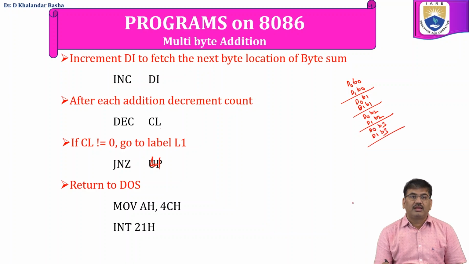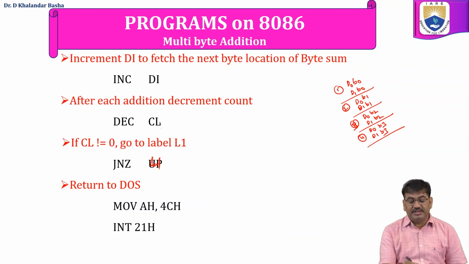So here we are going to perform the addition operation for 4 iterations. These iterations count is loaded in the CL register. For every iteration, the CL content will be decremented by 1. So once the count is 0, it indicates all the additions are done, and we can come out of the loop.